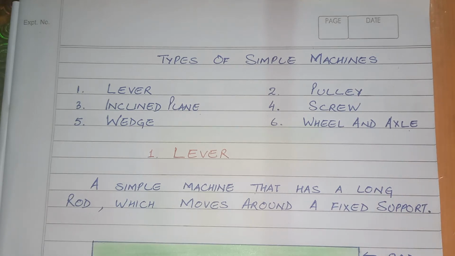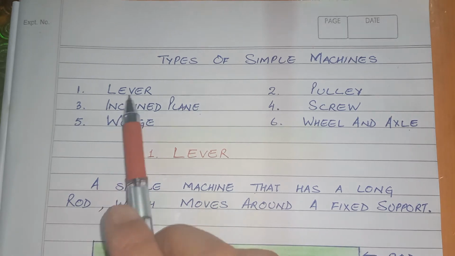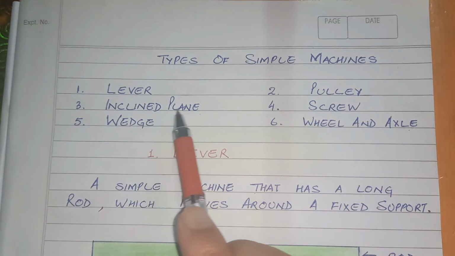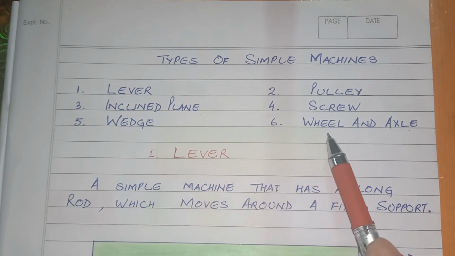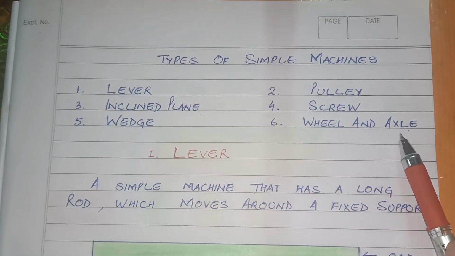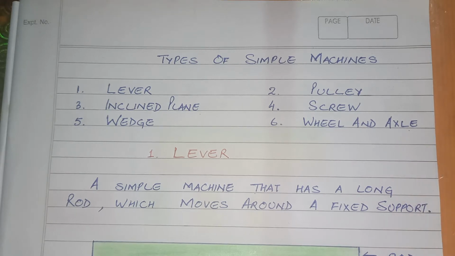There are six. These are the six different types of simple machines which we use in our everyday life. And in today's class we are going to learn about the first type of simple machine, that is lever.